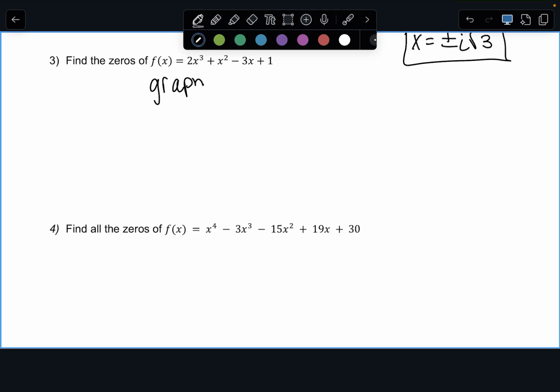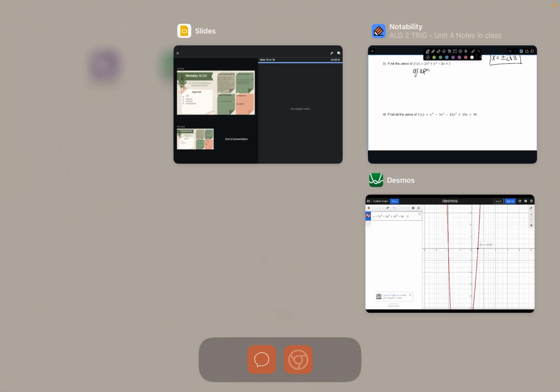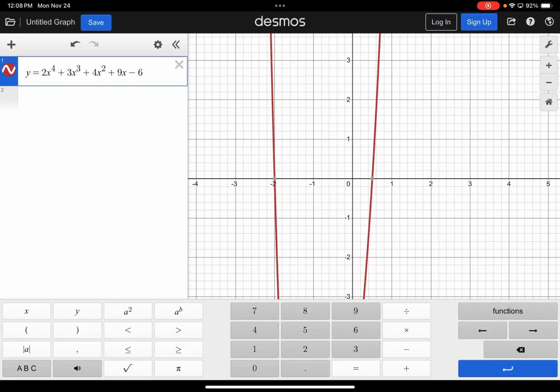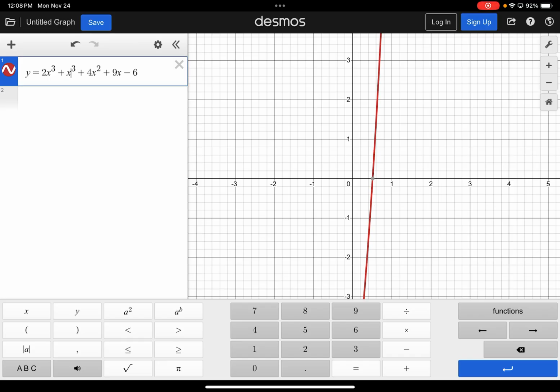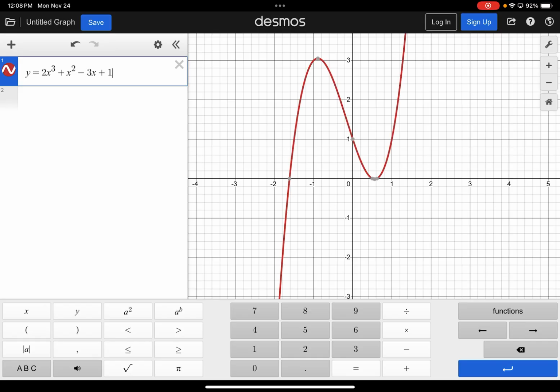This is 2x cubed plus x squared minus 3x plus 1. Is that what you said? Plus 1? Yeah. Okay. That's what this graph looks like.